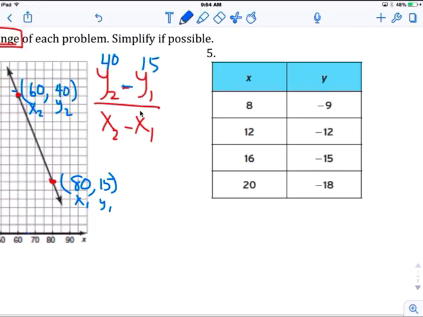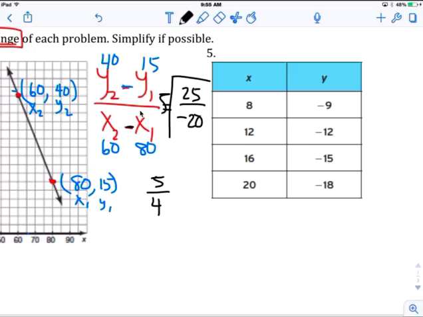This minus is there. This is 60 minus 80. Okay, so we get, nope, don't put a minus there. Right there. All right. You get 25 over negative 20. Divide both by 5, you get 5 over 4. It's the rate of change.